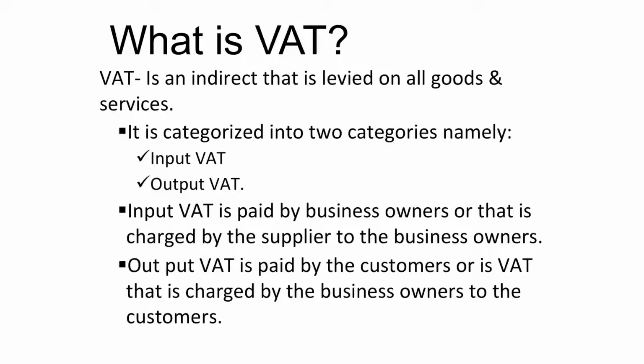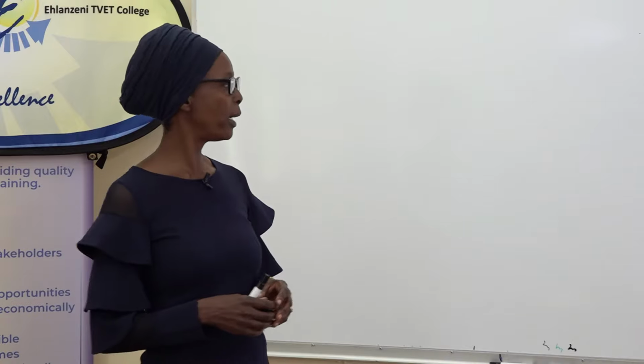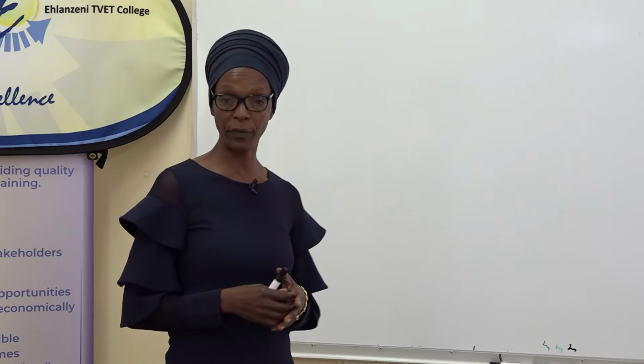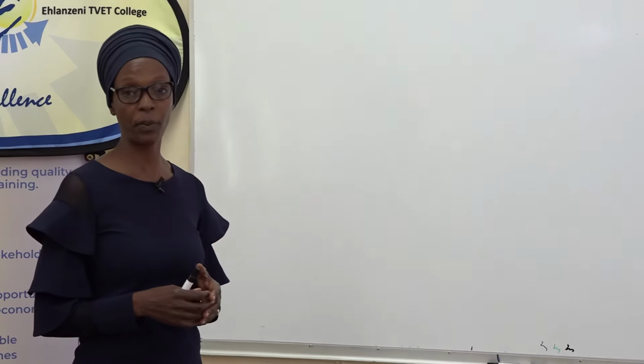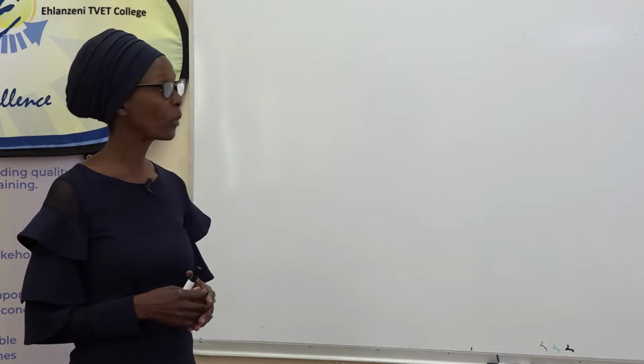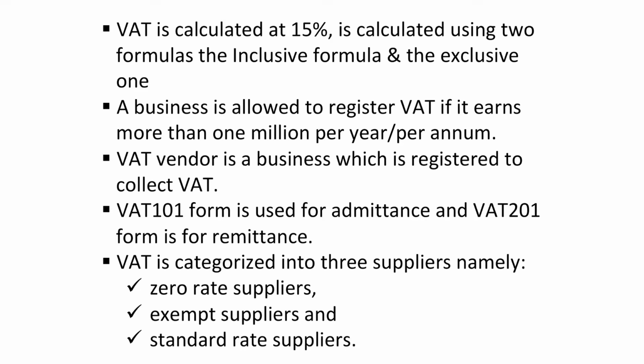It is also important to know the difference between the input VAT and the output VAT for examination purposes in section A. Then value-added tax this year is calculated at 15%. All along it was 14%, then it has been increased to 15%.